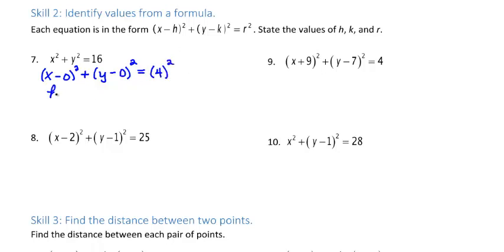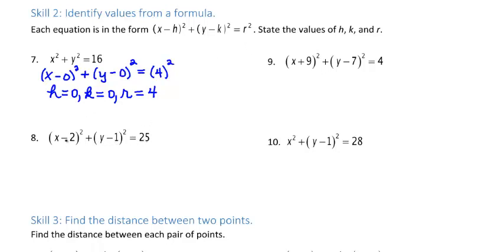So h is 0, k is 0, and r is 4. Number 8 is x minus 2 quantity squared plus y minus 1 quantity squared equals 25. This is basically in this form.